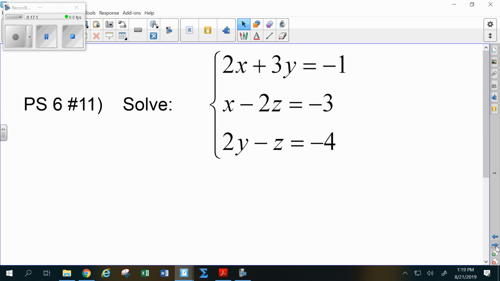We have three equations. Every equation has two variables, but they all have different combinations of two variables. The top one has x and y, the next one x and z, the last one y and z. So let's just come up with a strategy of what you want to do with this. So how should we go about this one?